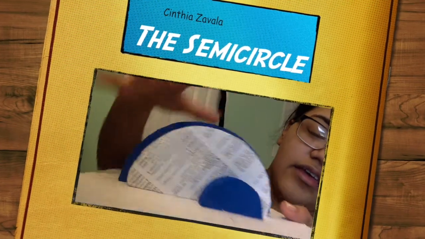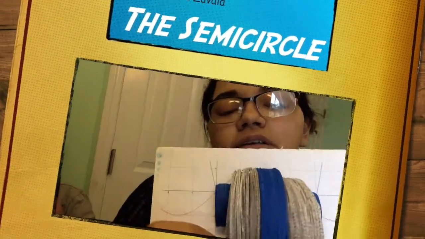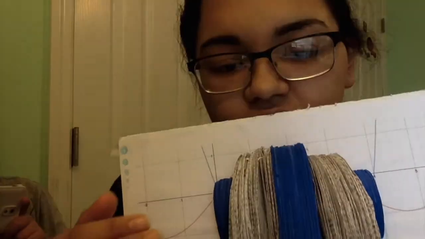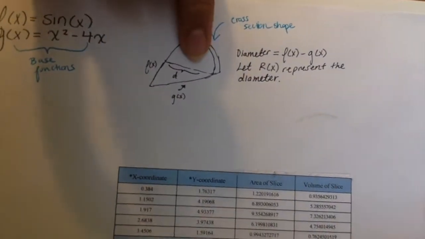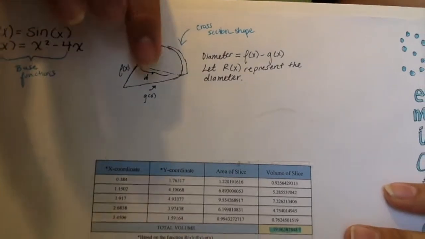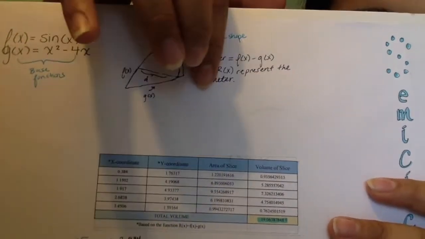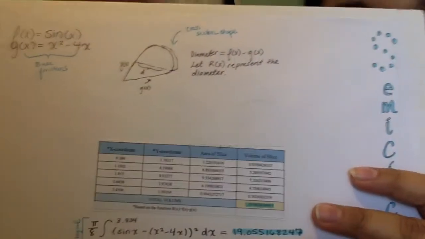semicircles. And I used 5 different sections for the semicircles. The diameter was the area between f of x and g of x, and I said that let r of x represent the diameter.